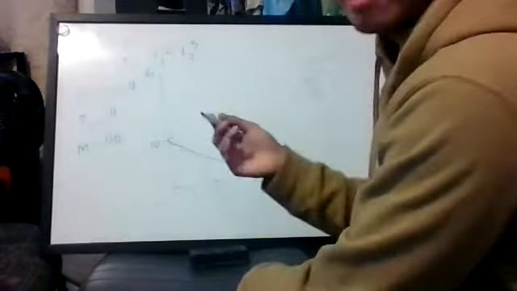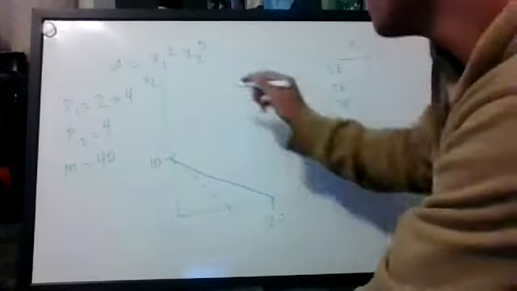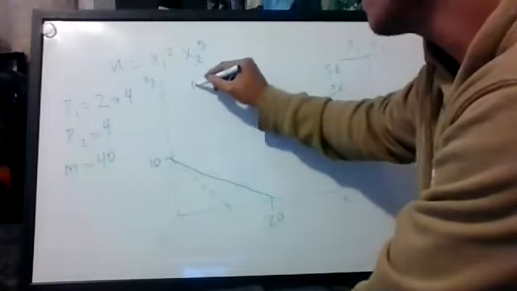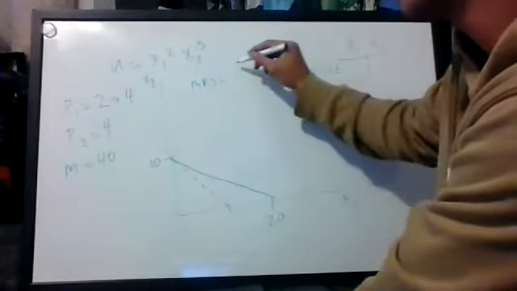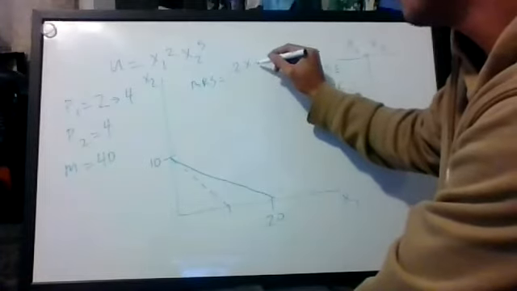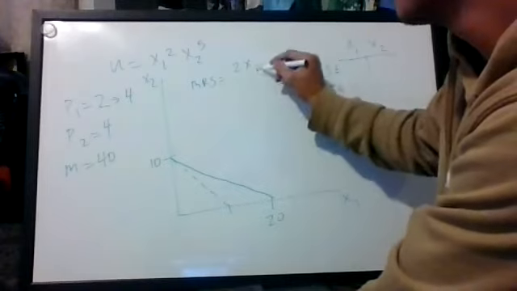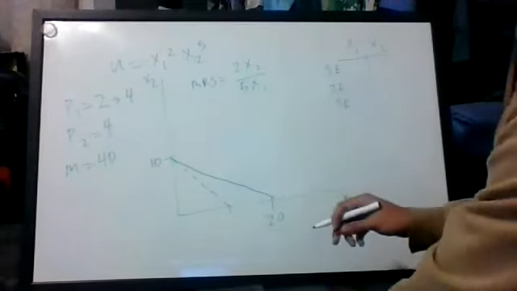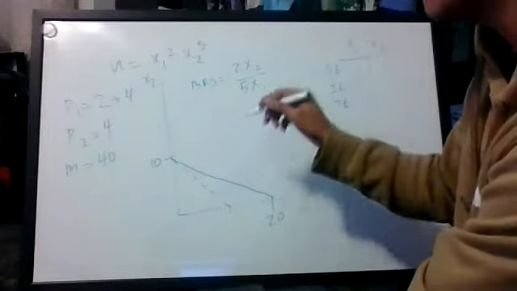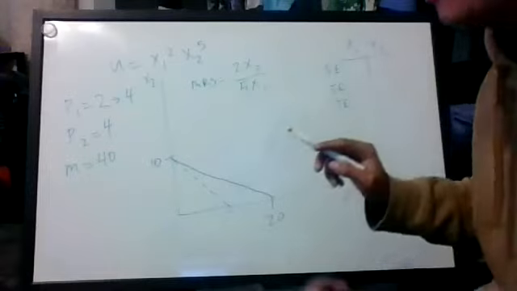So the first step is always going to be to find the MRS. MRS in this case, if you use the trick that I taught you guys, is just going to be 2x2 over 5x1. And then from here, you can do the derivation on your own.